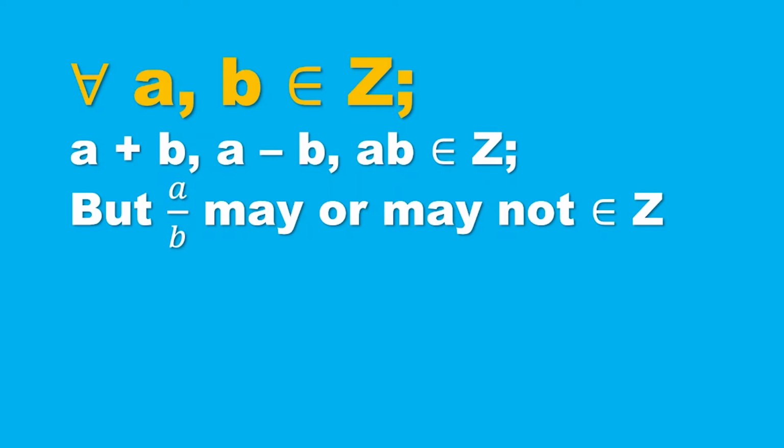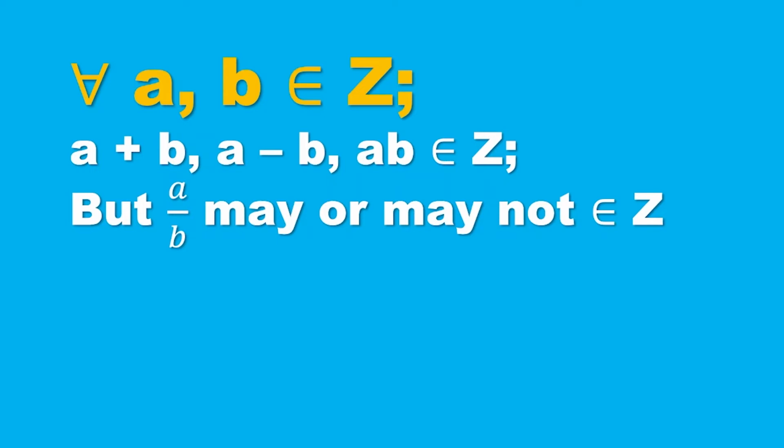So if a and b are integers, then a plus b, a minus b, and ab or a into b will belong to integers. That means if we add two integers or subtract two integers or multiply two integers, it will always be an integer. But a divided by b or a by b may or may not be an integer.